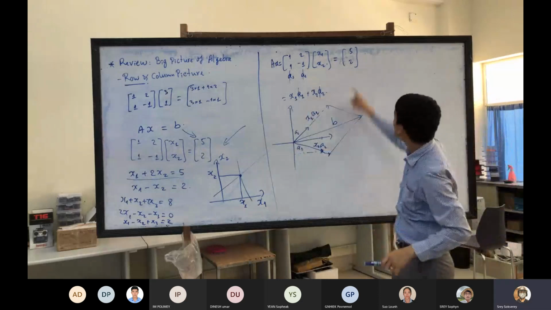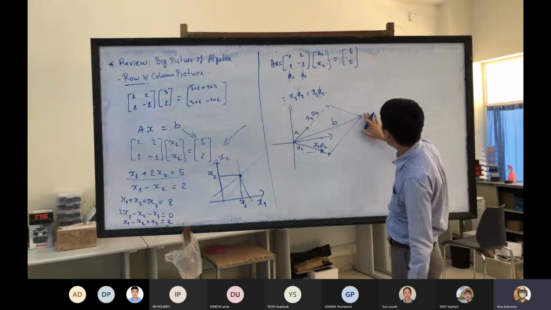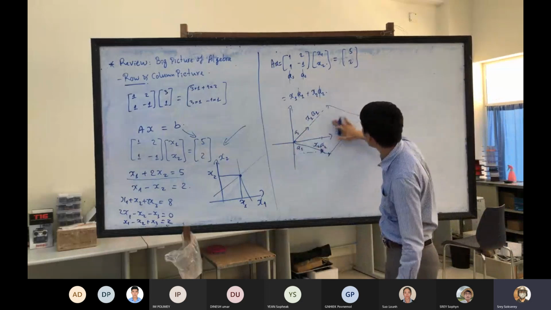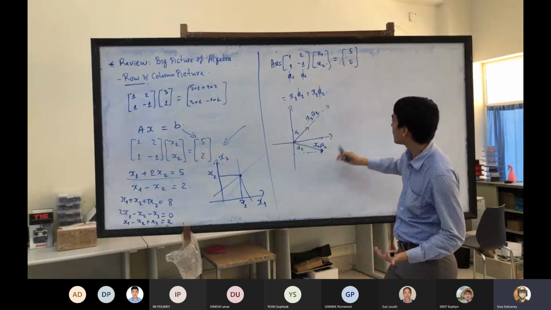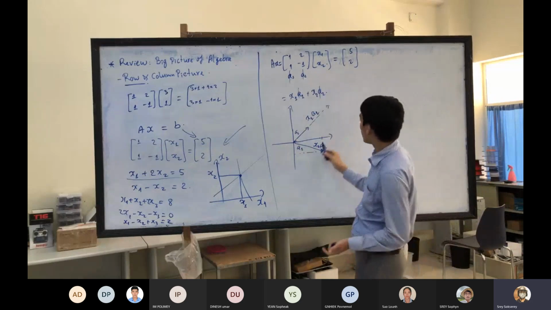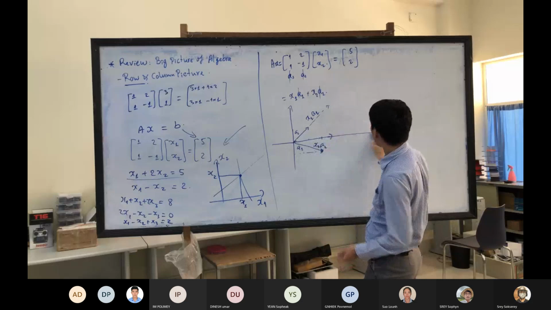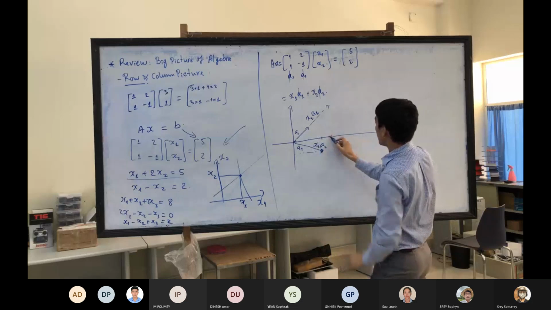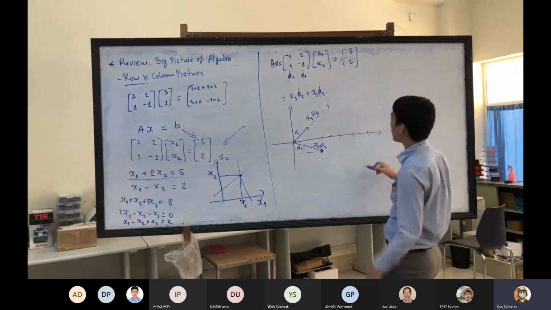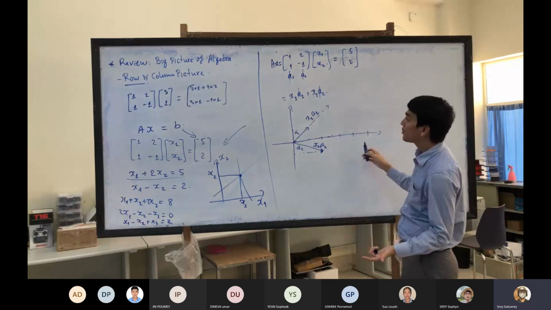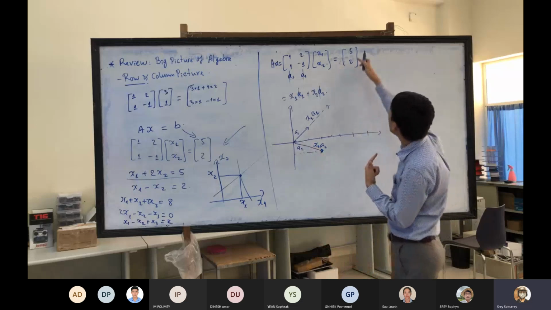So in our case, you got 5 and 2, maybe. So you got B. Actually, you got B first. If we want to solve this equation, you got 5 units on here, so this is 2 units, 3, 4, 5, and then 2.